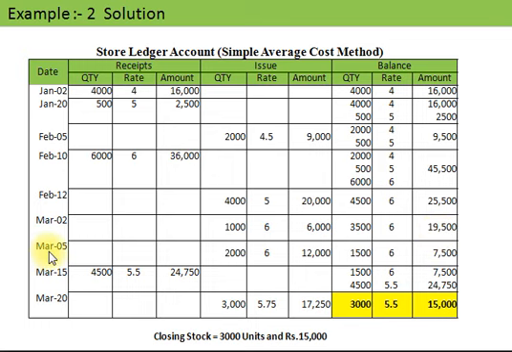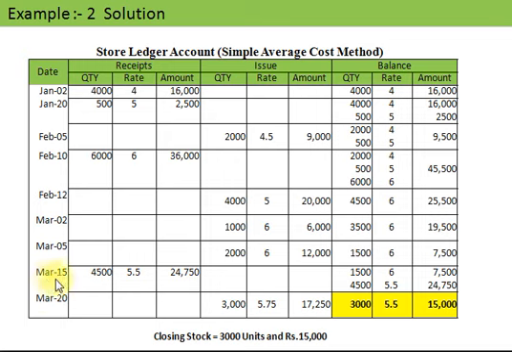On 5th March again there is an issue, 2,000 units. These 2,000 units will be issued out of 3,500. So 2,000 units, and average rate will be rupees 6. Total amount 12,000. So balancing figure, 3,500 minus 2,000, so 1,500. Rate rupees 6, and amount will be 19,500 minus 12,000, so it will be 7,500.